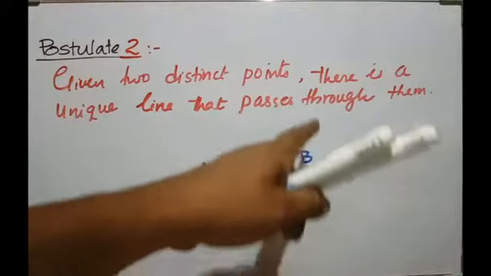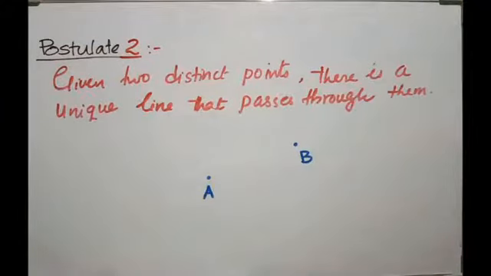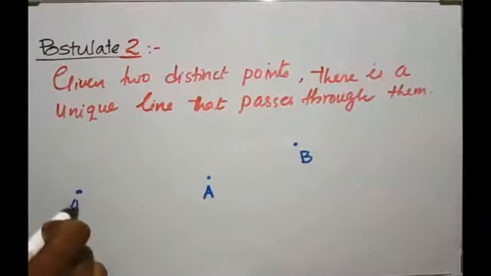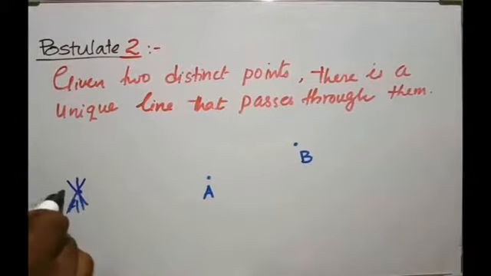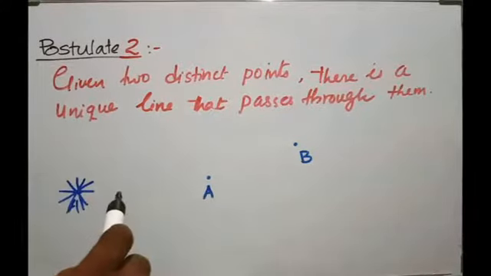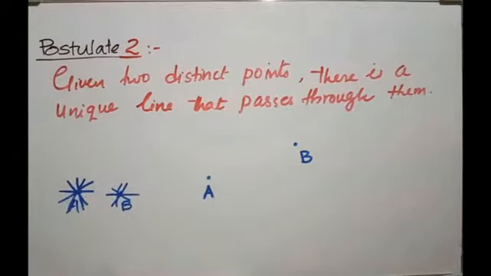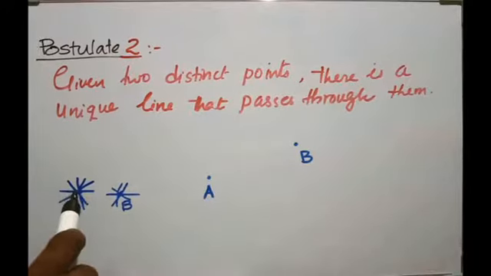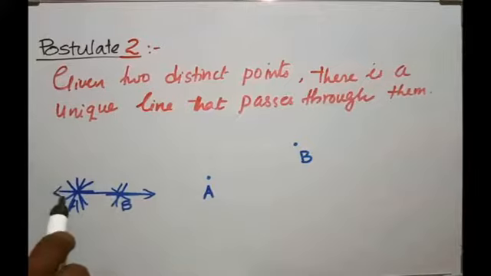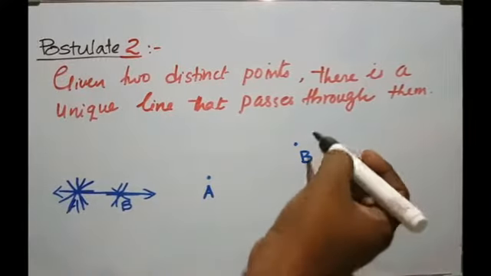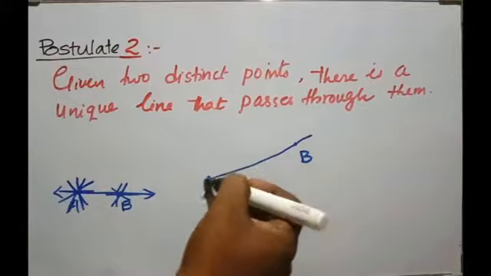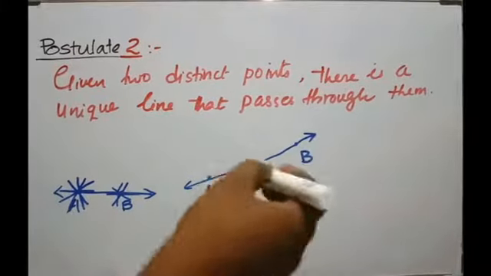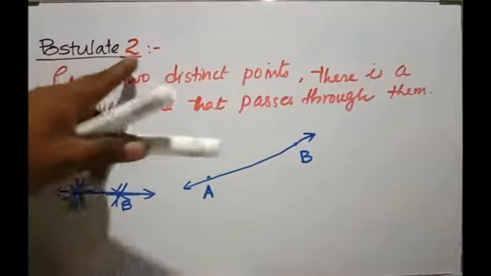Through B also we can draw infinite number of lines. But among these infinite number of lines, there will be one and only one line which passes through the other point also. So there exists only one line which passes through both the points. That is postulate number 2.